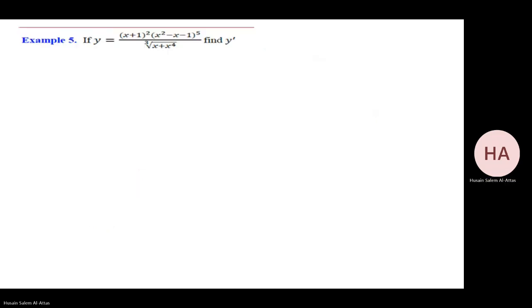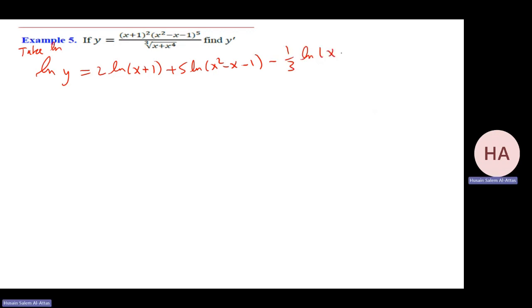Okay. Same idea. Take ln, that will be ln y equal to ln(x plus 1) plus 5 ln(x squared minus x minus 1) minus 1 over 3 ln(x plus x to the power 4). Differentiate with respect to x.